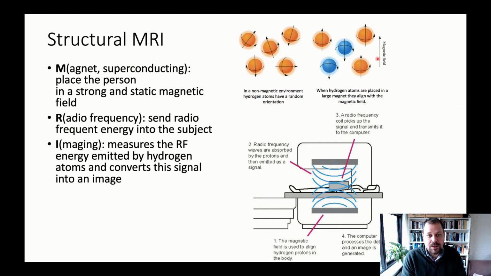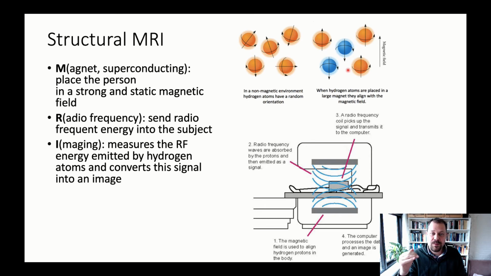Now, we can play with this. By placing a person in a scanner, we have a net magnetization that is parallel to the scanner's magnetic field. And we can disturb this by sending in a radio frequency pulse, which is basically adding energy to these atoms. And this will throw them off.